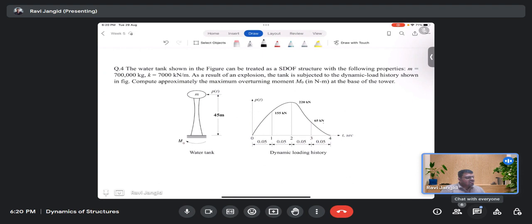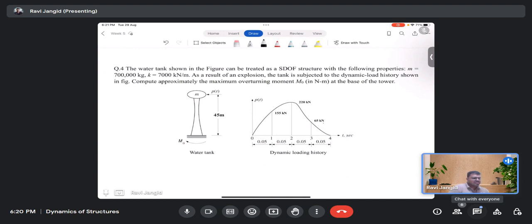So in this problem, you are given a water tank which is treated as a single degree of freedom system with the following properties. The mass at the top of the water tank is given as 700,000 kilogram. Stiffness is given as 7,000 kilonewton per meter.